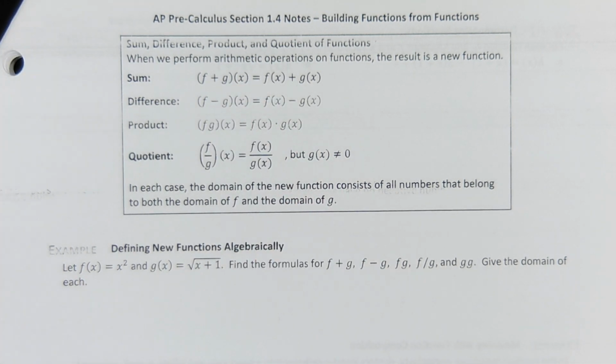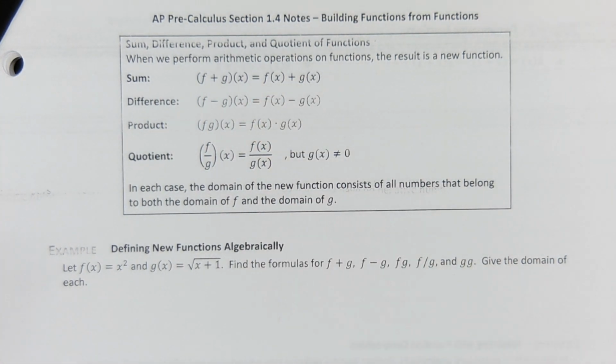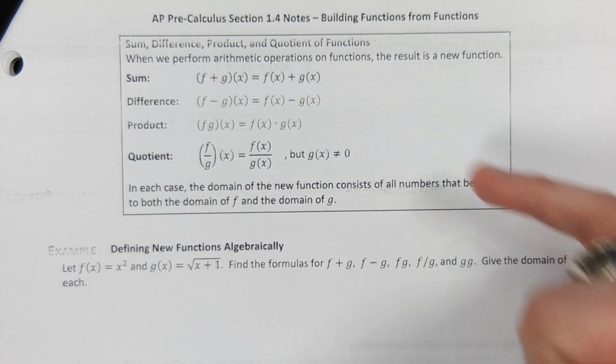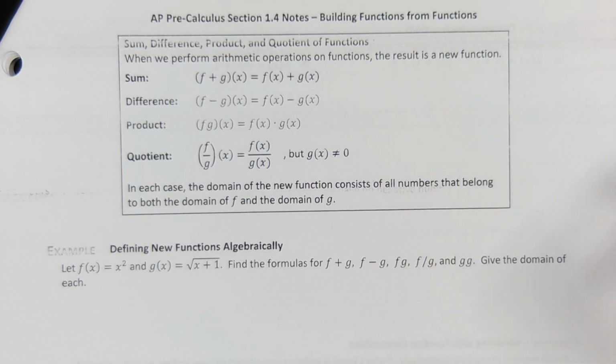So for the sum, f plus g of x, you add f of x and g of x. And nice thing about addition is that order doesn't matter. 2 plus 5 is the same as 5 plus 2. So order doesn't matter. Life is easy. It's usually just going to be you combining like terms. The difference, f minus g of x, once again, that does not mean times x. It means function f minus function g is done exactly the same way.